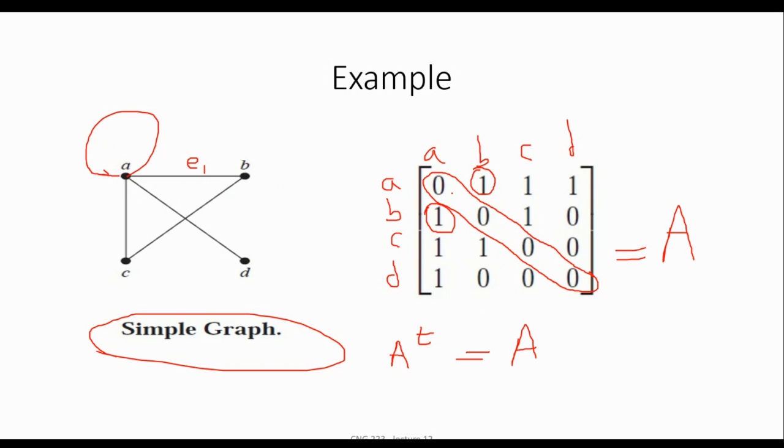And because of that, there's no difference between these two. And this is simple, so there's another thing I can say about a simple graph when I take a look at this matrix. The values could be either 0 or 1. I cannot have 2, 3, and so on. What does it mean? It means that from A to B, I cannot have more than one edge. This is not a multigraph.